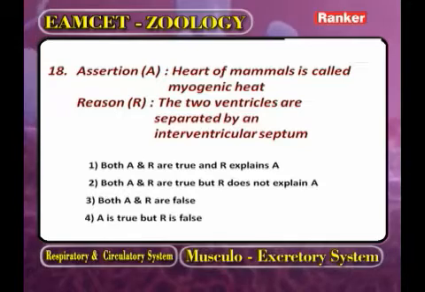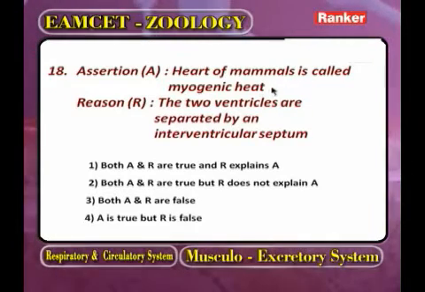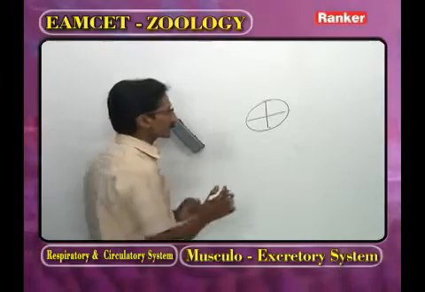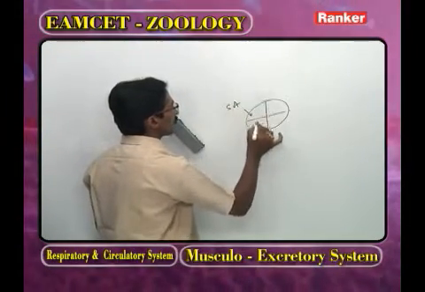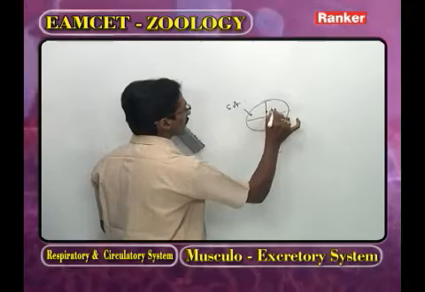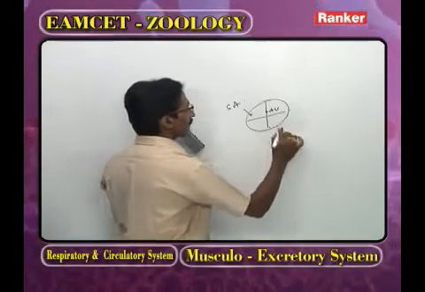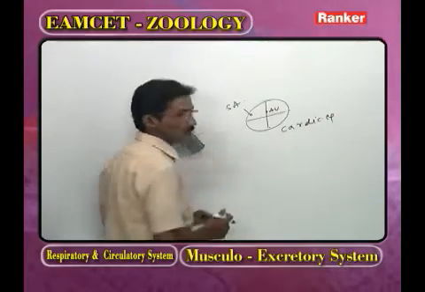Assertion. The heart of mammals is called myogenic heart. Now this one we call the four-chambered heart. This dot indicates the SA node and this dot indicates the AV node. Okay, students? Now the heart is made by what type of muscle? The cardiac muscle tissue.